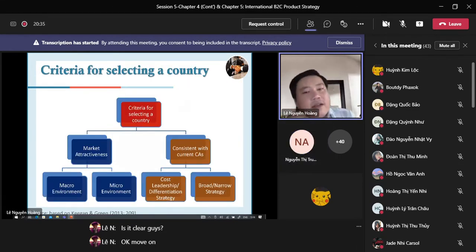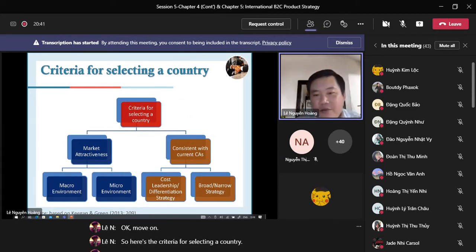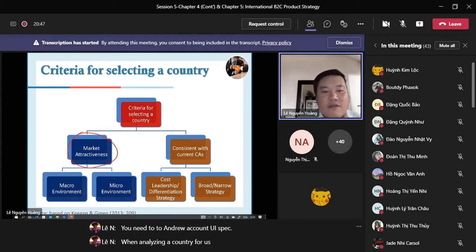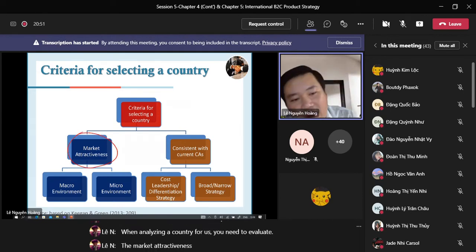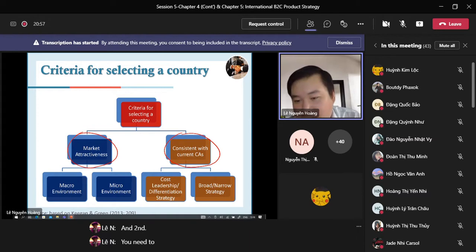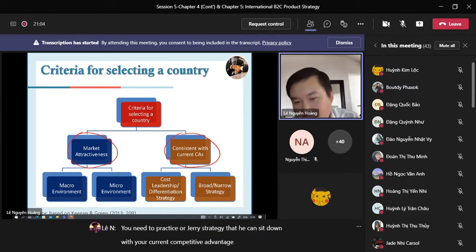So here are the criteria for selecting a country. You need to take into account two aspects when analyzing a country. First, you need to evaluate the market attractiveness. And second, you need to practice a generic strategy that is consistent with your current competitive advantage.